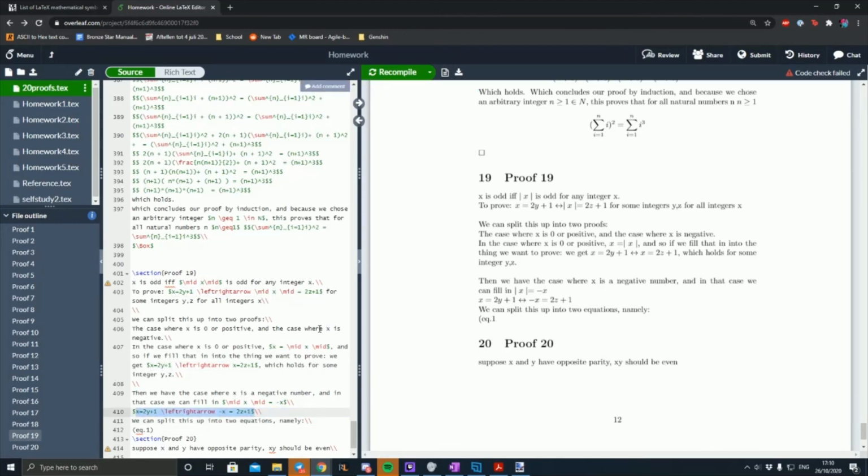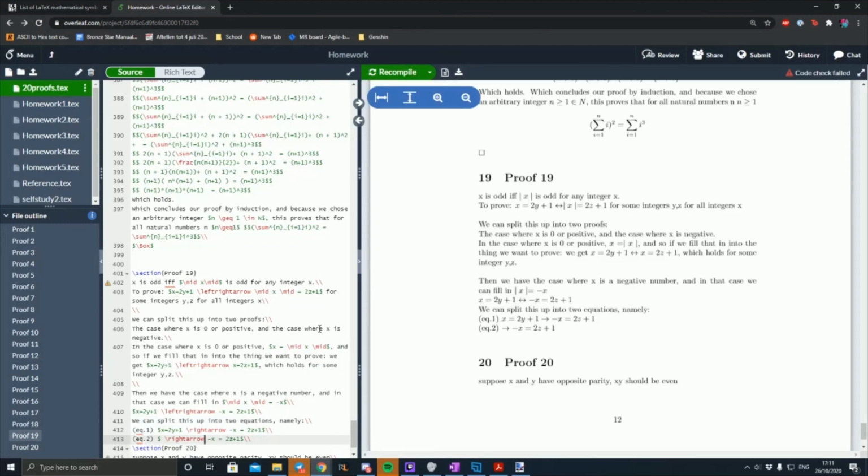And then equation 1 will be where we assume the first thing is true and prove the second thing is true, and the other way around for equation 2, where we say this is here and this is there. Okay.